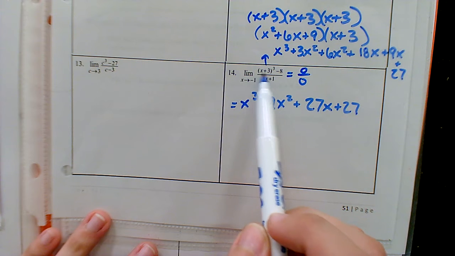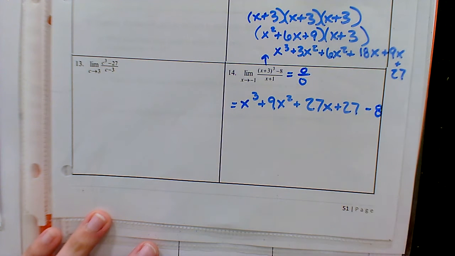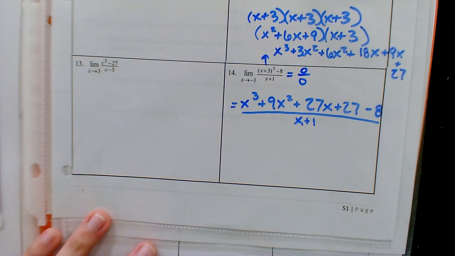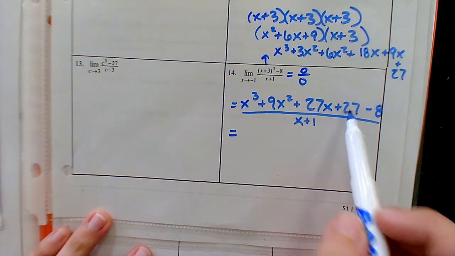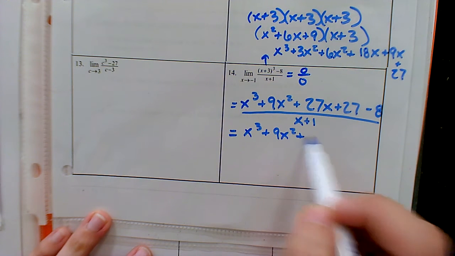Okay, that's if we expand just the x plus 3 cubed part. We then are subtracting 8 in the numerator, and we have an x plus 1 still in the denominator. We could probably go a little further here because 27 minus 8, that'll give us 19.